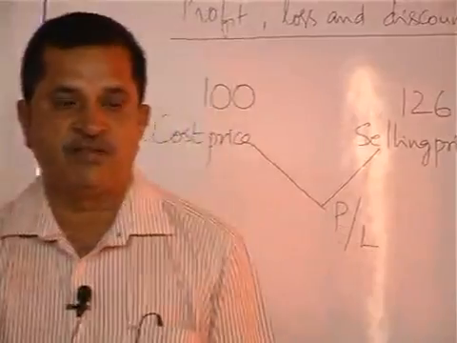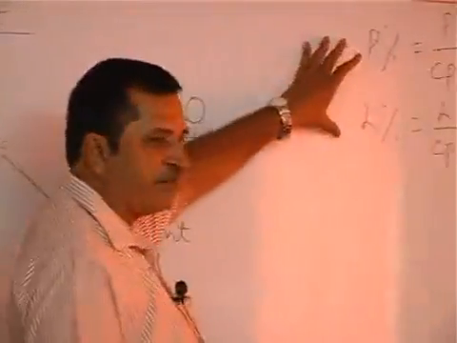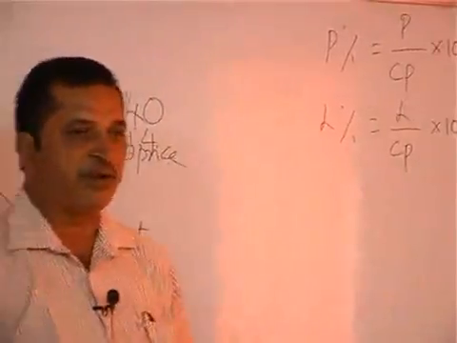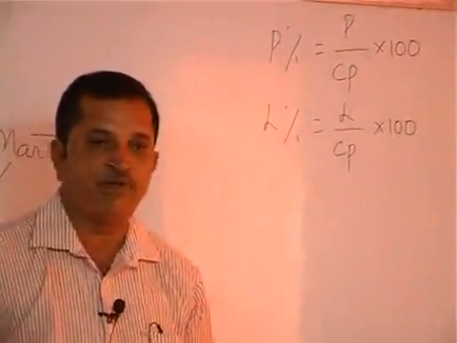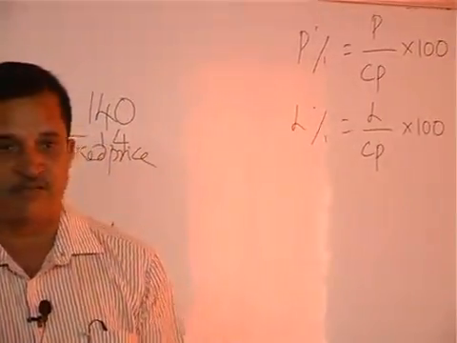Loss percent is equal to loss by cost price into 100. From these two, what can we conclude? Either profit or loss should always be calculated on the cost price.